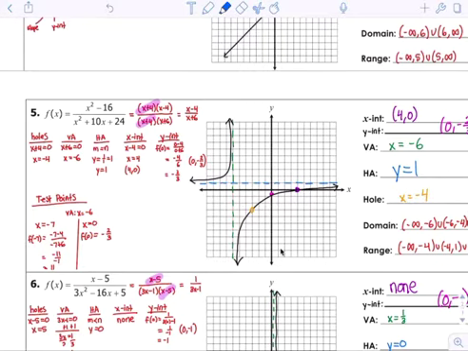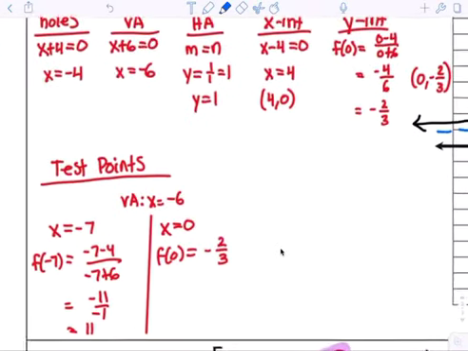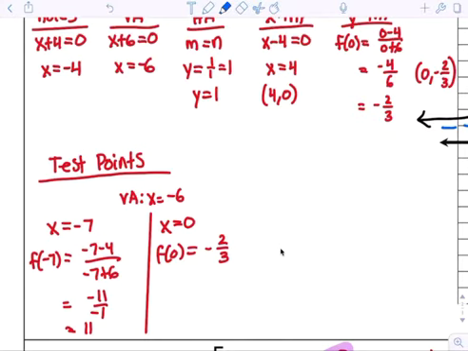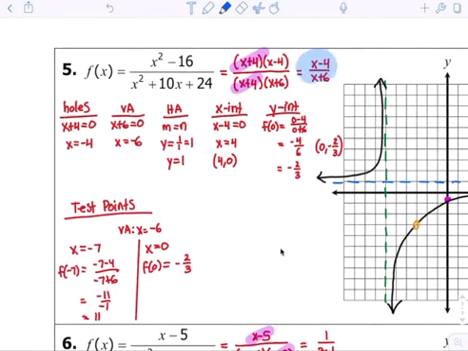Now let's figure out where our graph resides, right? So to test a point, grab your vertical asymptote and test a point to the left and to the right of it. Okay, to the left of negative 6, I know is negative 7, so put that into the original equation, which was right here, right?